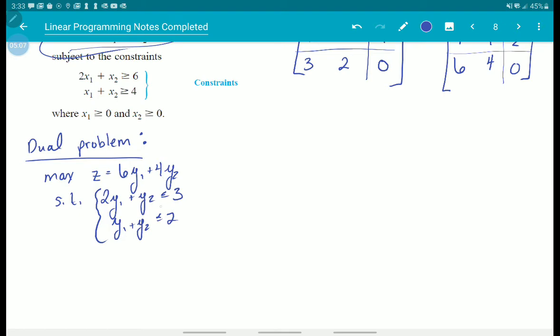I'm using y's here instead of x's because we want to remember that this variable is for the dual problem. It does not tell us what that is. But we'll talk about how to get that answer in just a minute. So now we've got a problem that's in a standard form that we know how to solve. Let's solve it.